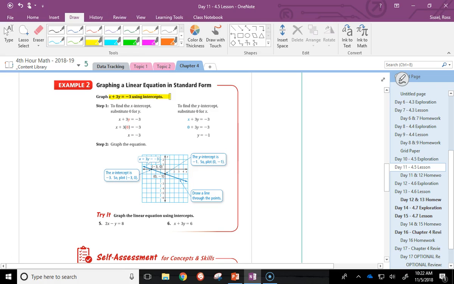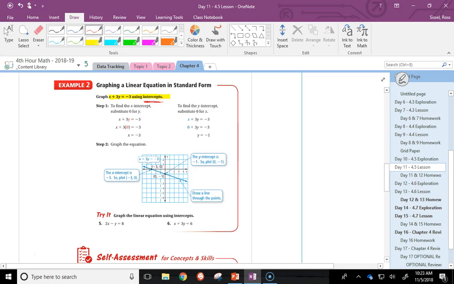We could do that. Or we're going to use intercepts on this one. To do that, you are going to have to find the x-intercept and the y-intercept. And that's going to give you your 2 coordinate points.